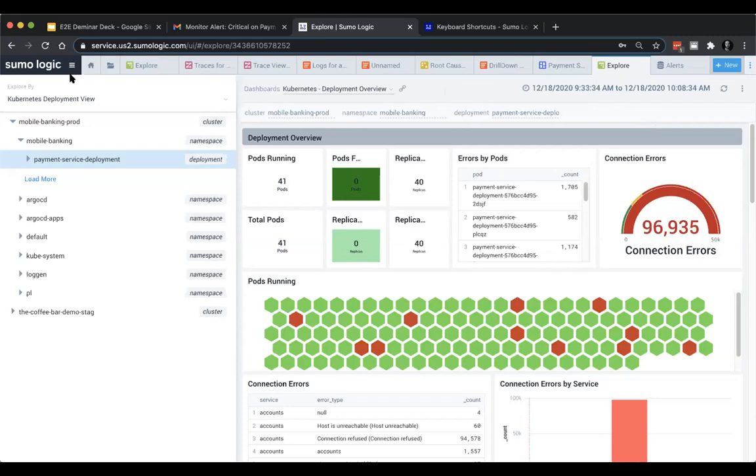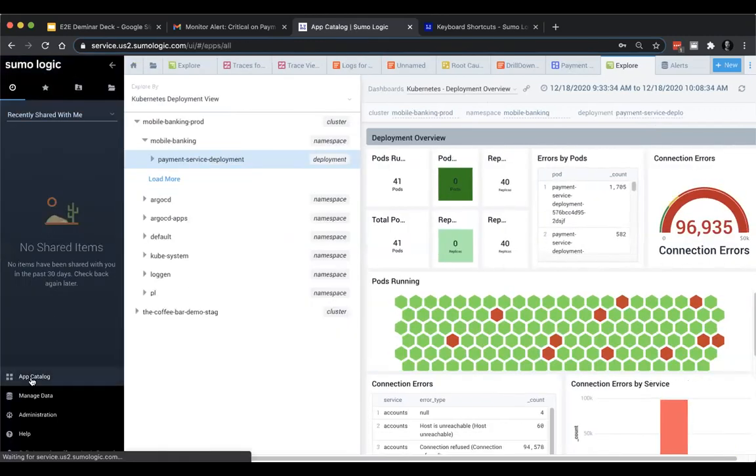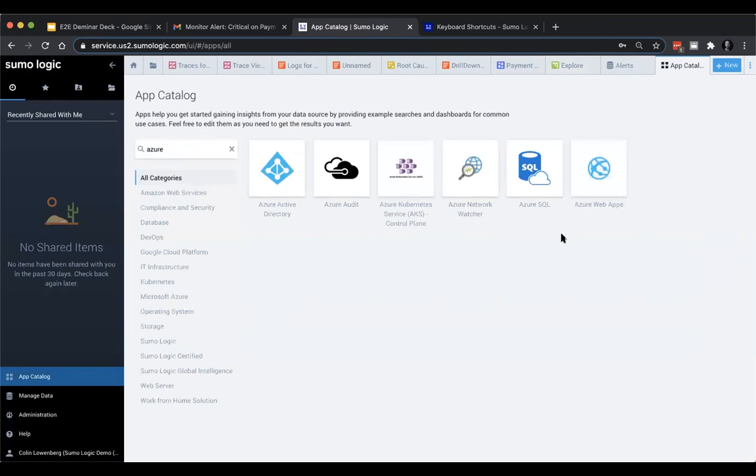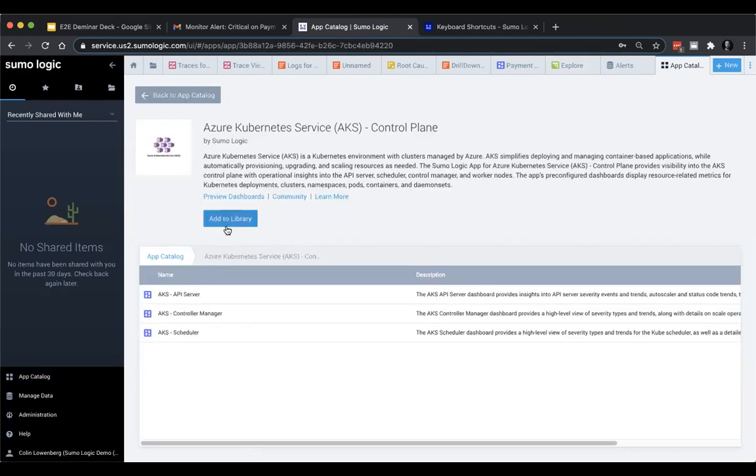If you want to look at other apps, you can go into our app catalog while you're in the product and find those other apps. In this case, we have the Azure Kubernetes control plane app, and it looks like it comes with 3 different dashboards: an API server, a controller manager, and a scheduler. So you might consider looking at the AWS observability and Kubernetes for AWS and reuse that. The Kubernetes deployment view should work for your Azure.